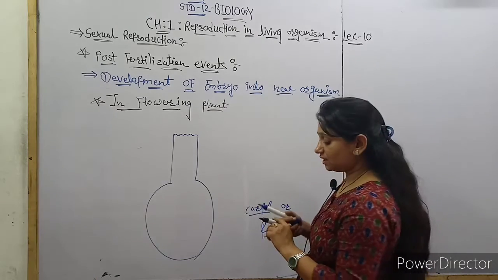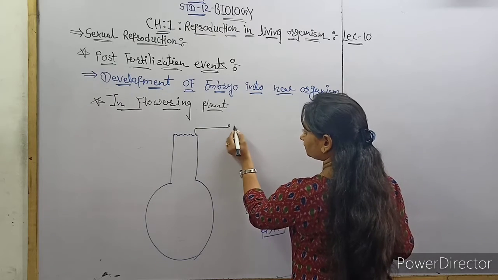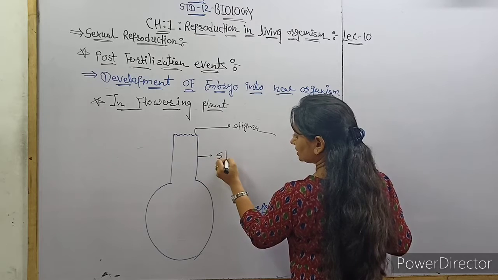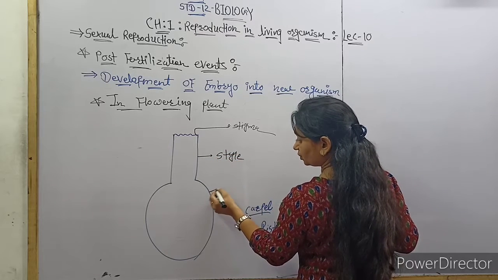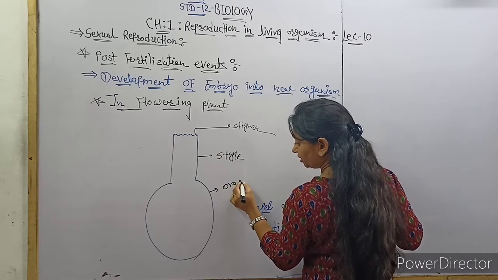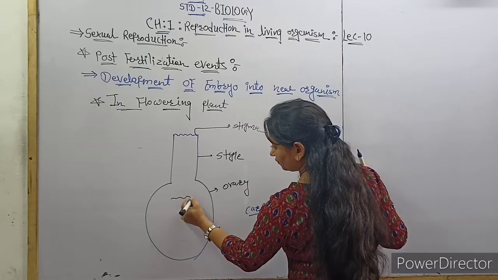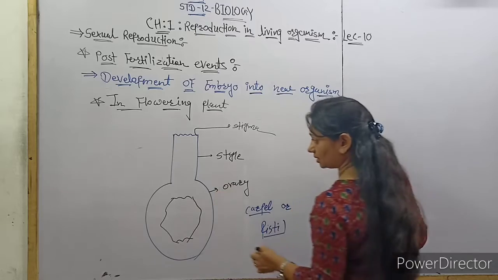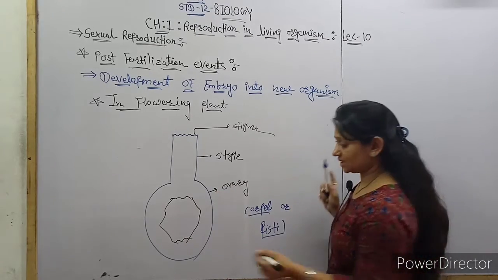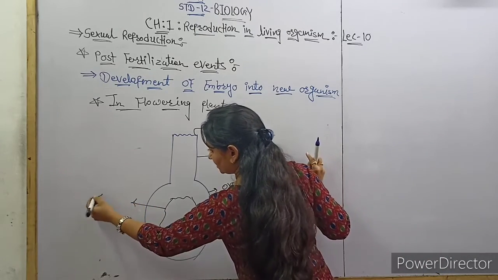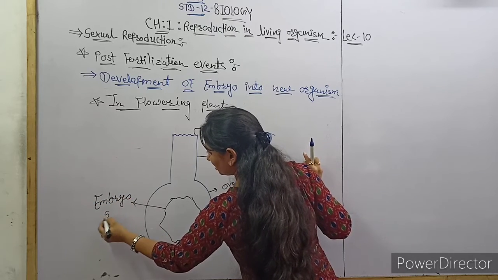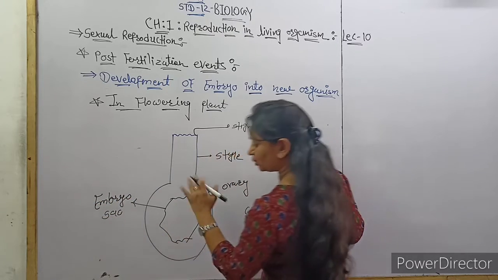Okay, as you know very well, this is the stigma, this is the style, this is the ovary, which contains the ovule or known as the embryo sac, which you will learn in chapter number 2. Embryo sac is nothing but a bag like structure where the whole embryo is developed.